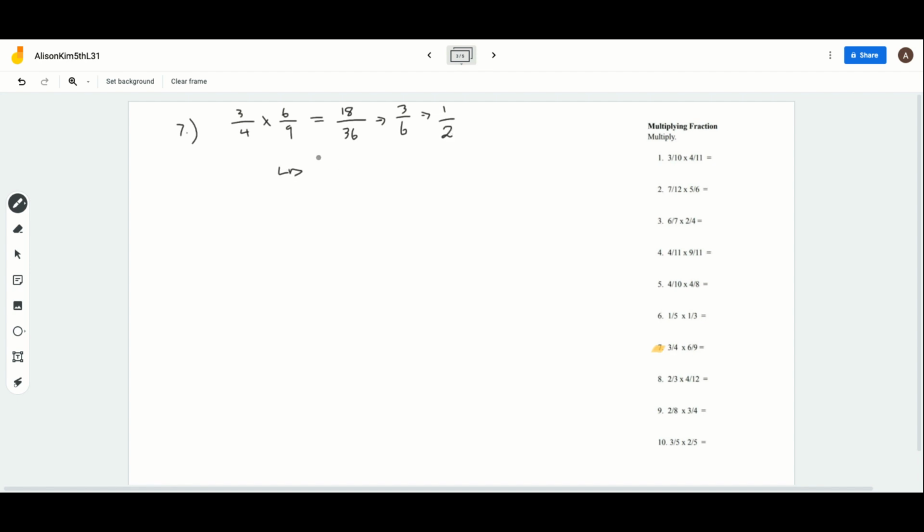So you can leave it as 18 over 36, because that's what 3/4 times 6 over 9 is, but you have to simplify it, so you should leave it as 1/2, because simplifying is a major point in dealing with fractions. So it's better to simplify. 1/2 is a better answer than 18 over 36.